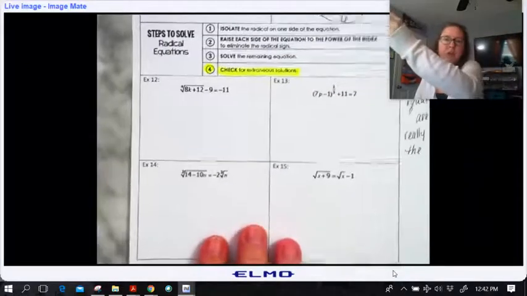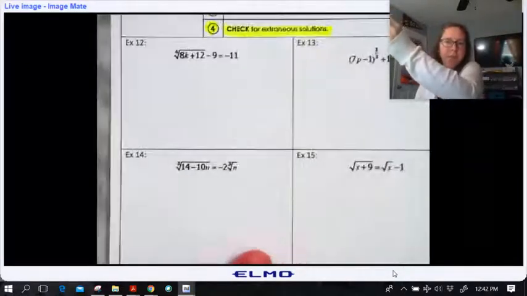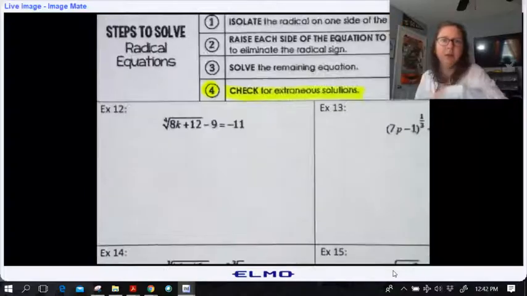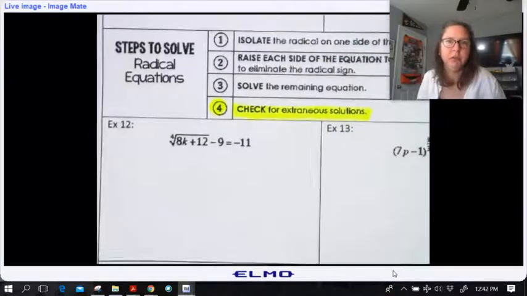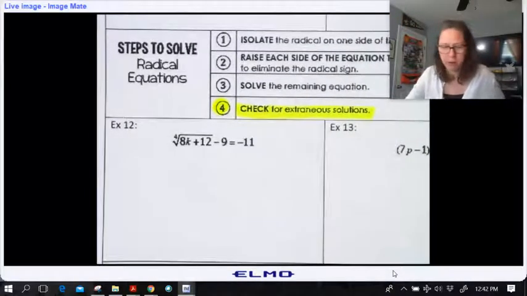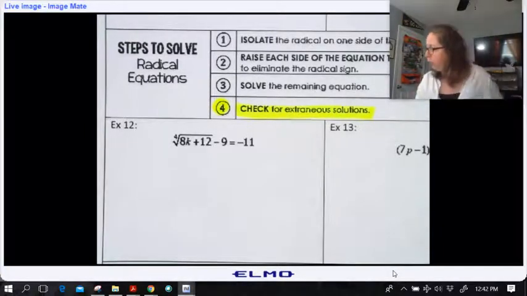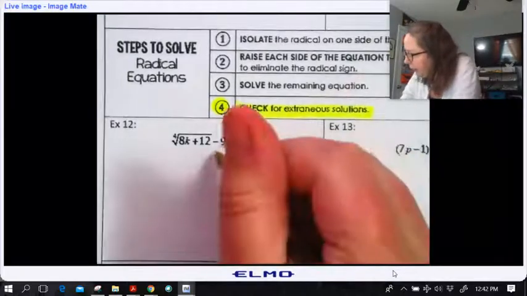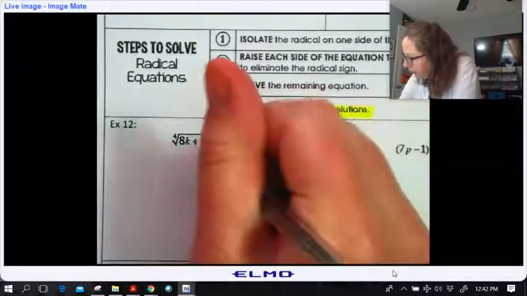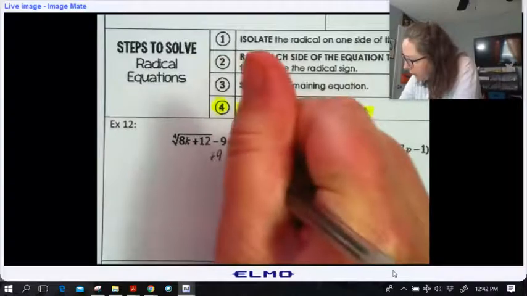All right, so I'm going to zoom in now. And we are going to start with this very first example. So, like I said, we will begin by adding this 9 so that we can isolate the radical.